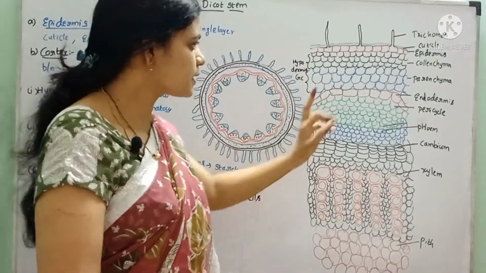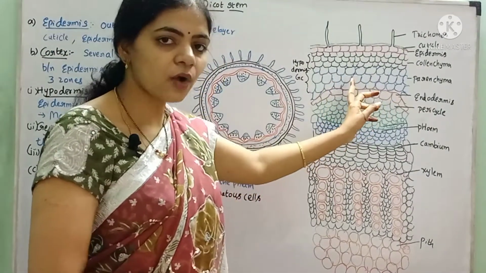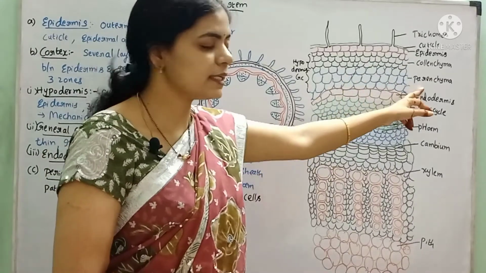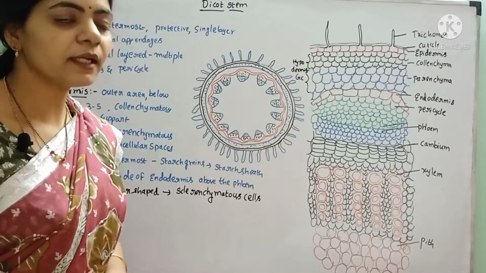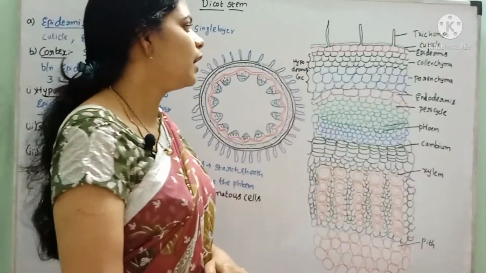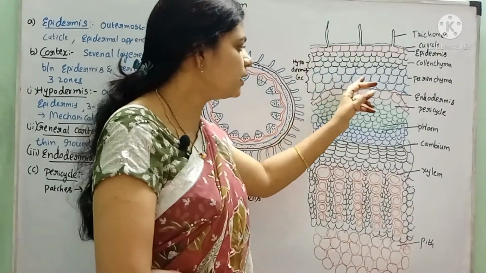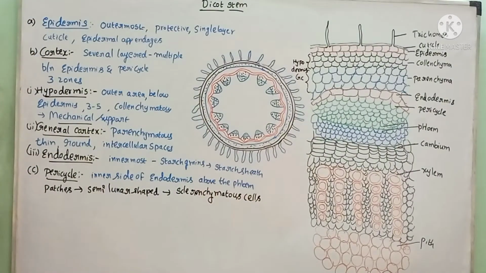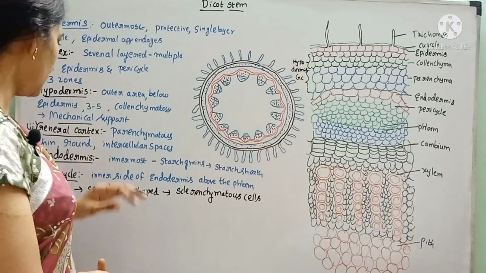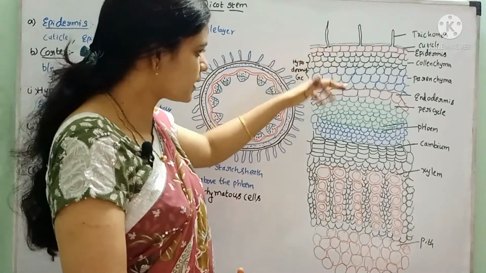The general cortex is made up of round thin-walled cells called parenchyma. What type of cells are present here? Parenchymatous cells are present, and these cells have intercellular spaces.